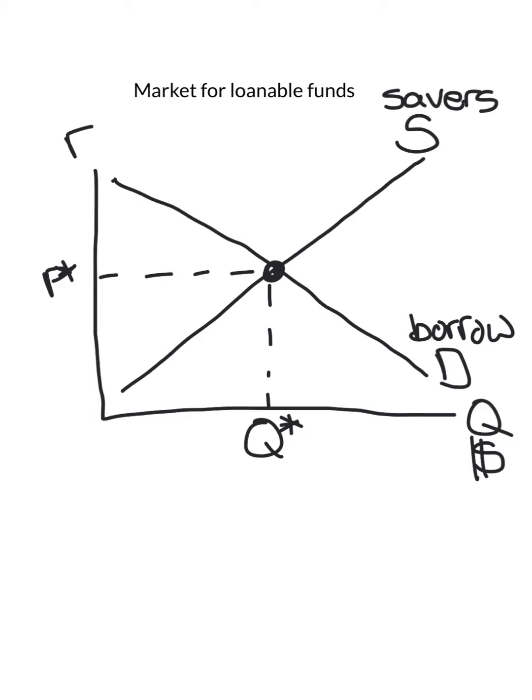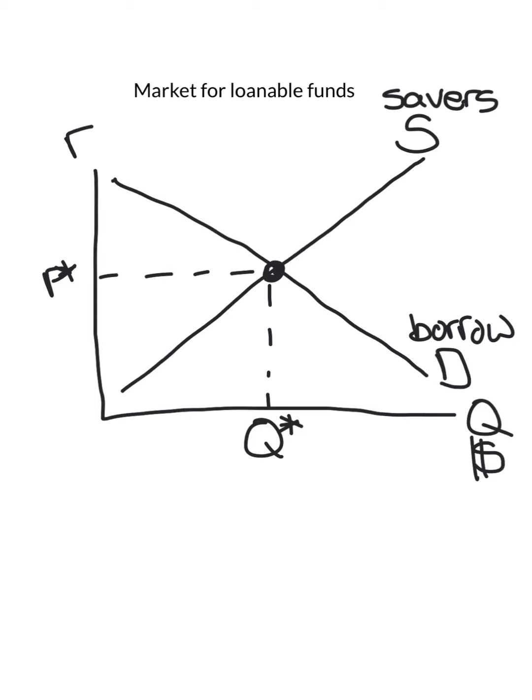The borrowers who have really good investment ideas with projects that are going to yield really high returns are willing to borrow money when the interest rate is really high. Anyone with a project with a much lower rate of return would not be willing to borrow money. And so for high interest rates, only the very highest expected returns on projects are being funded.